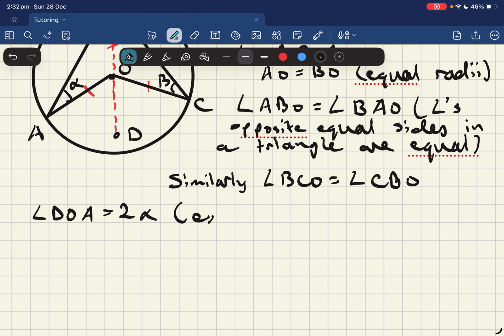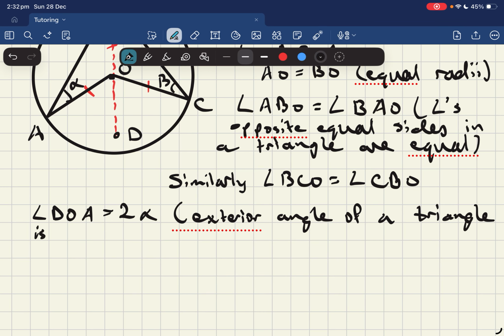Now, the reason is the exterior angle for a triangle is equal to the sum of the two interior opposite angles.